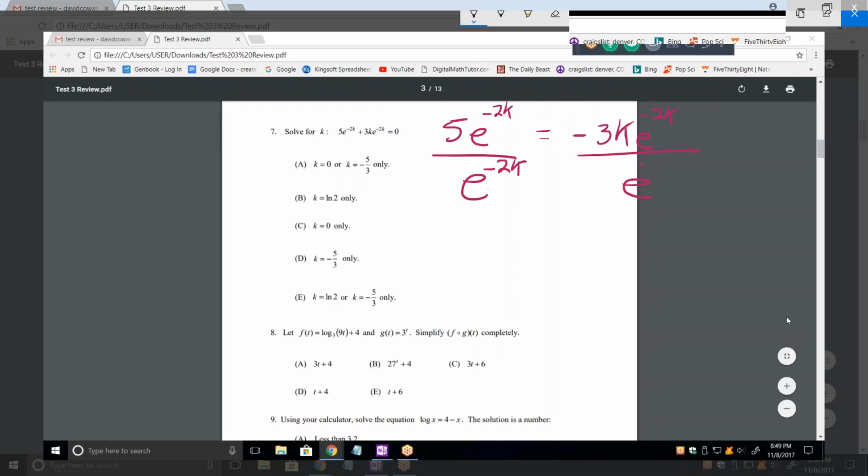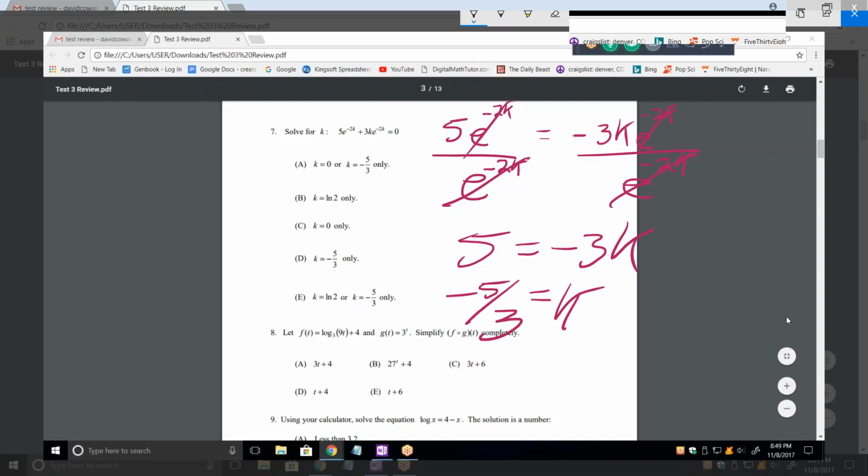We don't have to use logs to solve it because our exponentials disappear when we do that. And so what I end up with is this. Now it's an algebraic equation, not an exponential one. k equals minus 5/3 only.